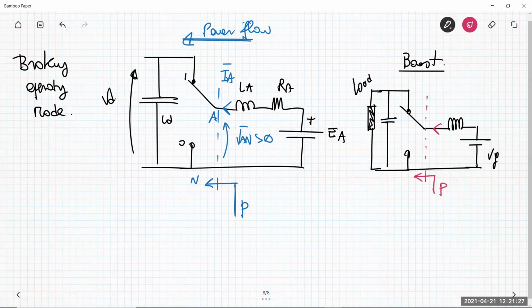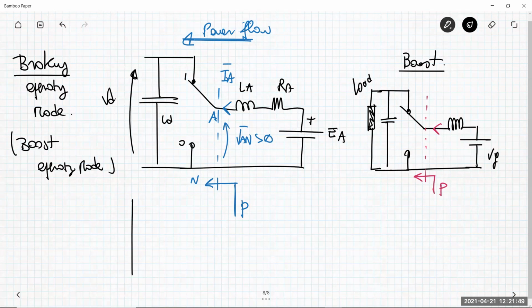Okay, from the current port to the voltage port, if you want. Exactly what happens here. So this is sometimes also called the boost operating mode, the braking or boost operating mode. So if you think about our quadrants, in which you have average current and voltage at the current port, then you can operate in the first quadrant where both are positive.